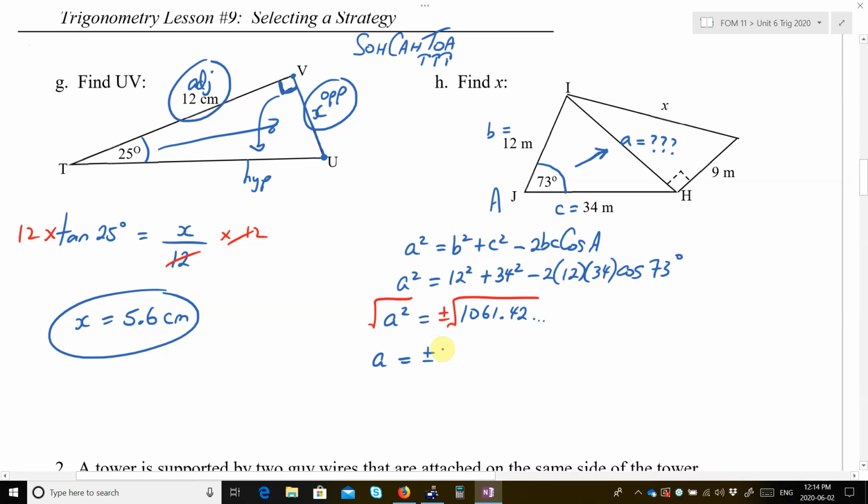So I guess technically it's plus or minus 32.6, but since it's a length of a side, we'll reject the negative and we'll say 32.6 meters.